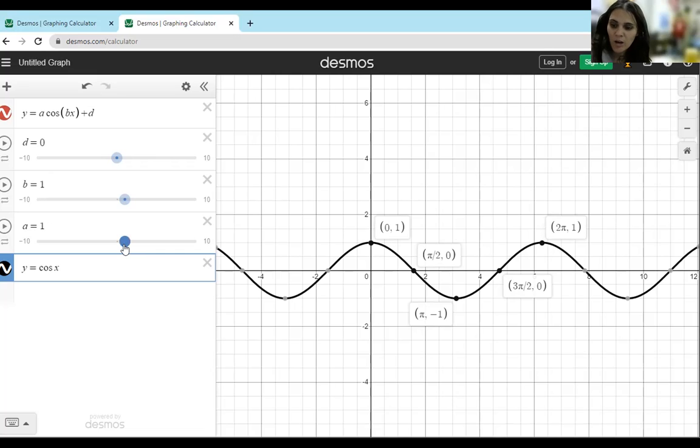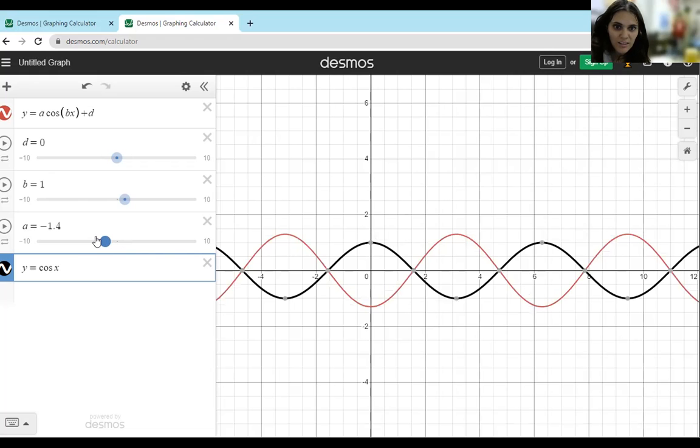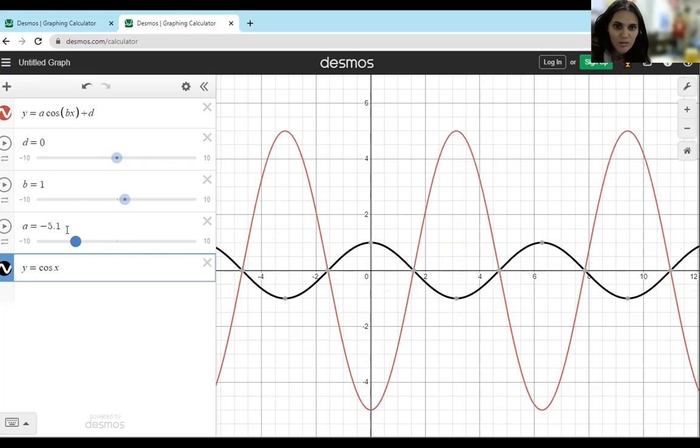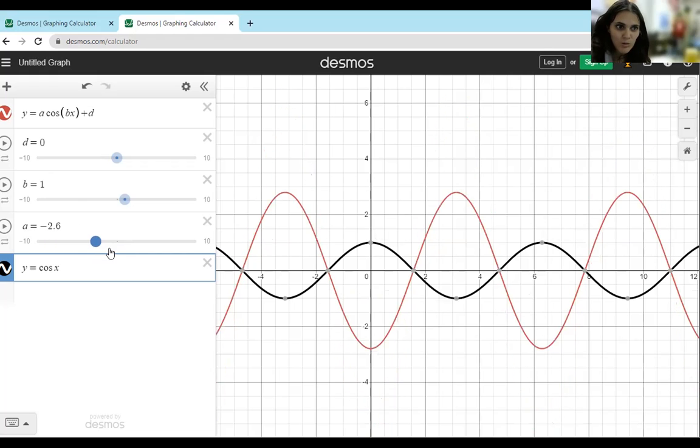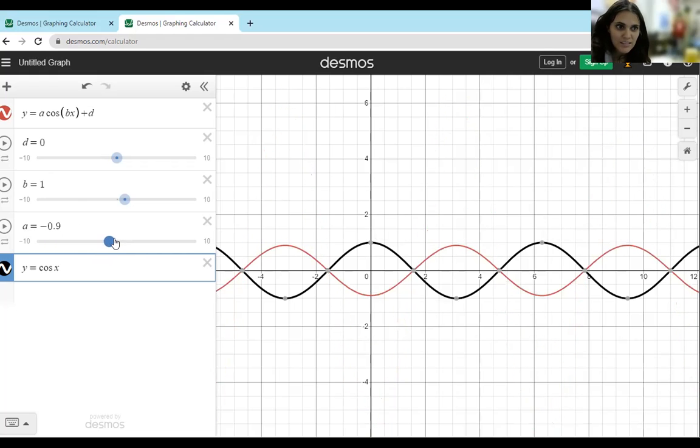So again, look at your notes, we wrote that when a is negative, it flips the graph. Let's try that. Oh yeah, it flipped. The red value is now the negative a. We said when my a is a fraction, less than 1, greater than 0, my amplitude vertically compresses towards the midline when it's a tiny little number.